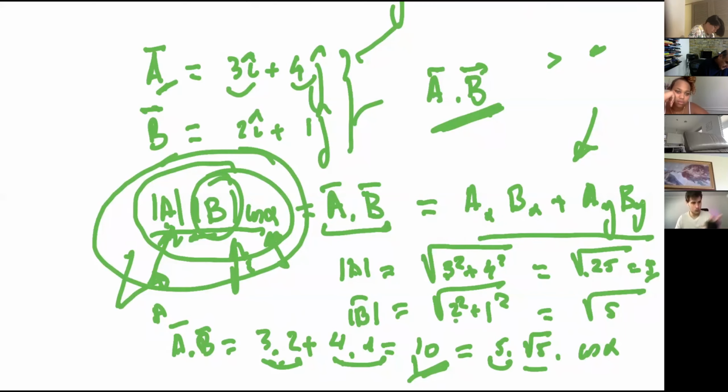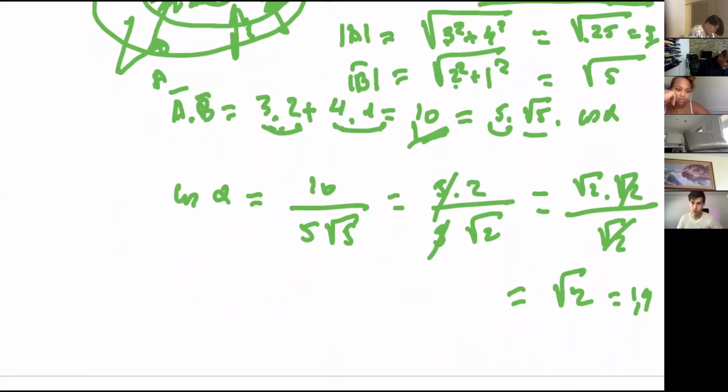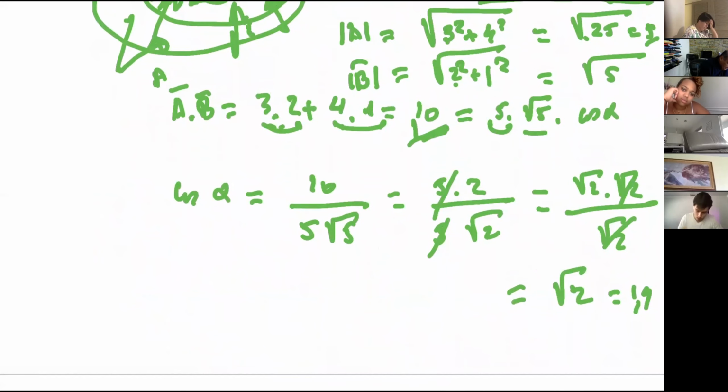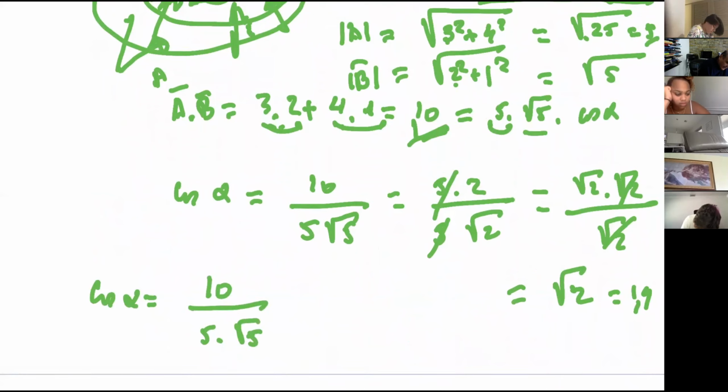So cosine of alpha will be 10 divided by 5 square root of 5, right? Here, instead of 2, I put a 5.